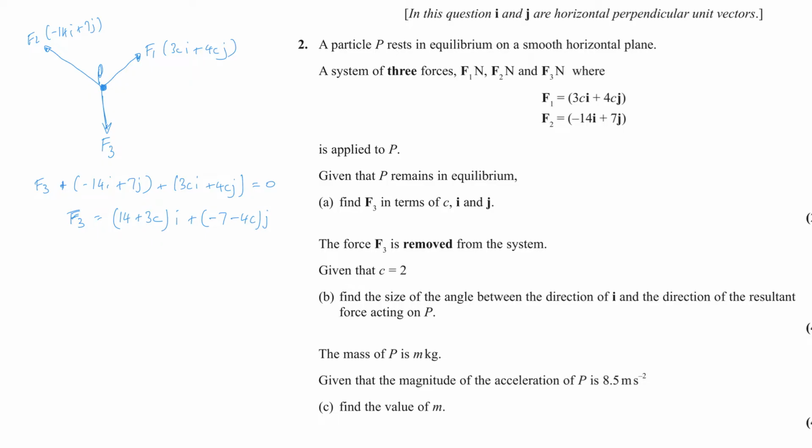So that's part A done. So part B now, c is 2, so F1 is equal to 6i plus 8j.